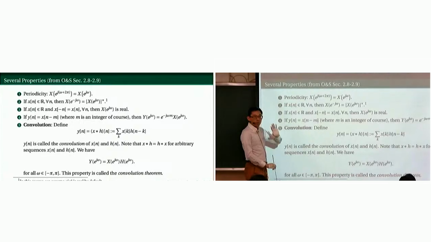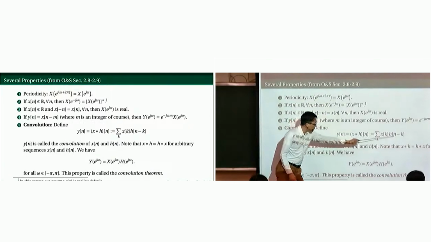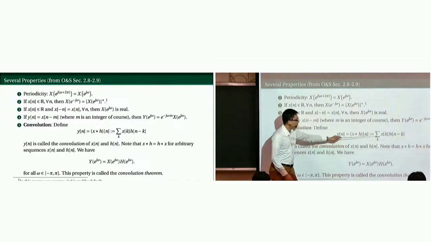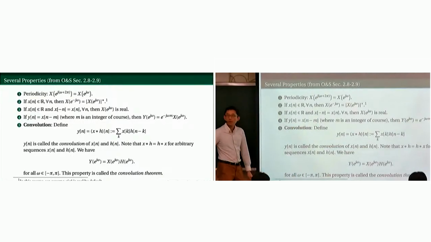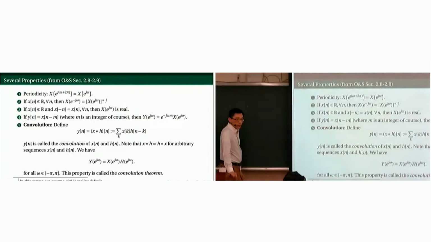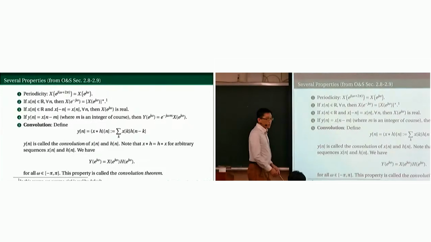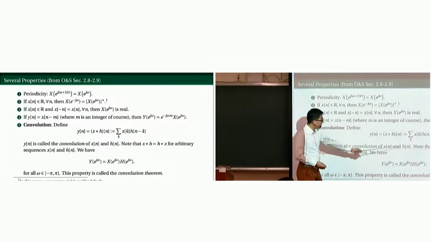So we flip h and shift by n, and then we sum up all the products. That's the definition of convolution. This definition is called the convolution of signal x and signal h.